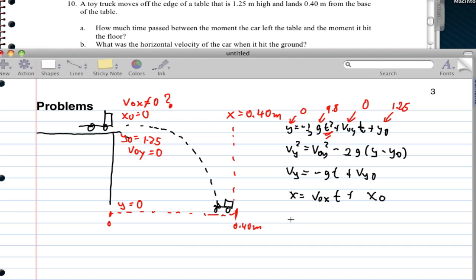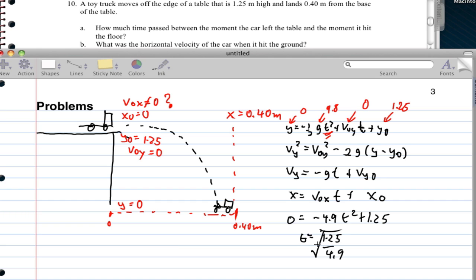So I have 0 equals negative 1/2 times g, which is negative 4.9, t squared plus 1.25. So t ends up being 1.25 divided by 4.9, all of that under a square root. So let's go ahead and actually get that.